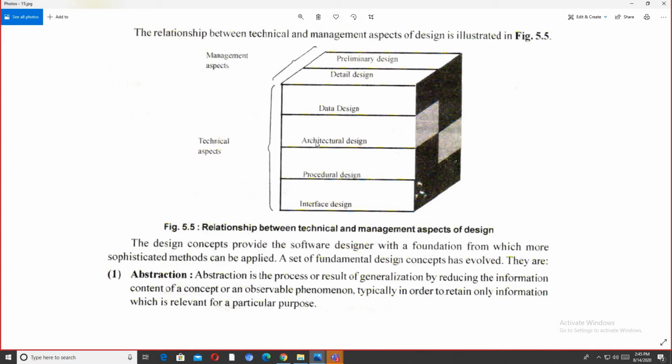So the definition informs us that abstraction is a process or a result of generalization, where the information content of a concept or observable phenomenon is reduced so that we can focus only on information which is relevant for a particular purpose. So this is what abstraction is.